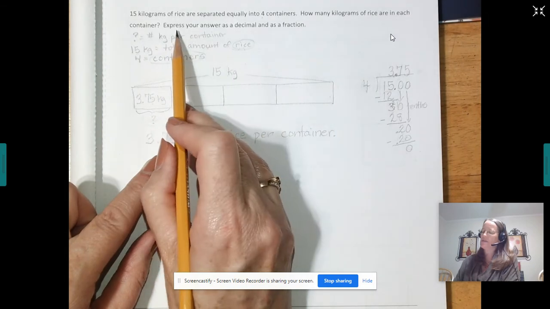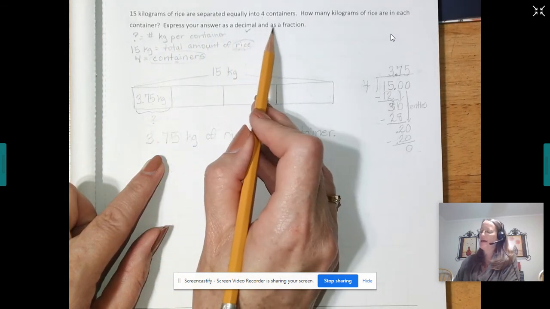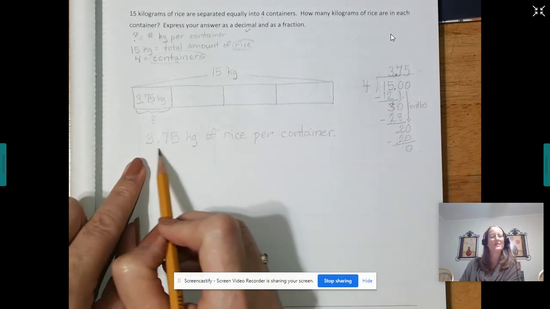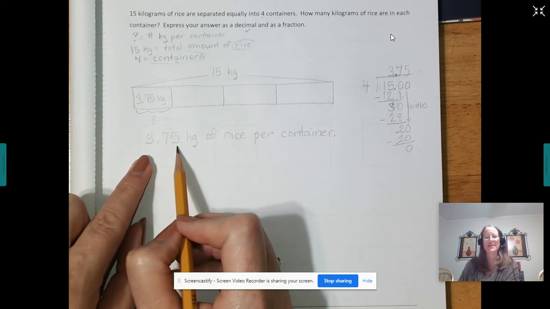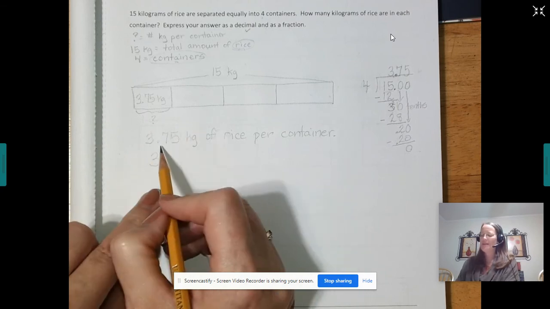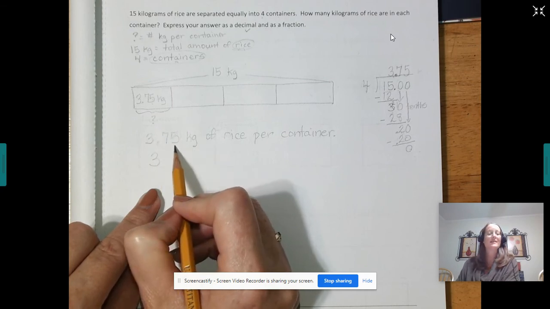Now, it also says express your answer as a decimal. We've done that. And as a fraction. What is the whole number in 3 and 75 hundredths? That's right. It's 3. And then just say this decimal, 75 hundredths.